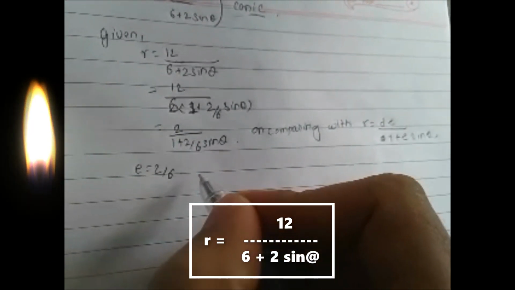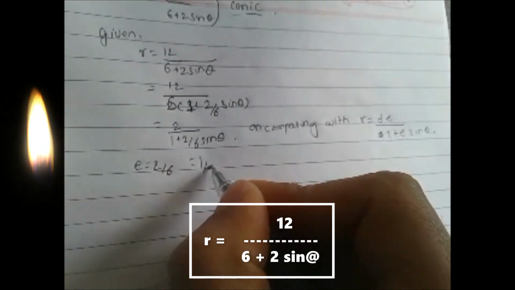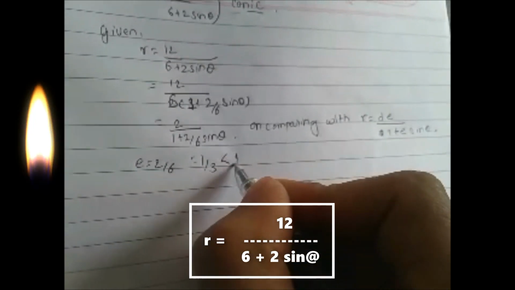On comparing with r is equal to ed upon 1 plus e sin theta, e is equal to 2 by 6, which is 1 by 3, which is less than 1.